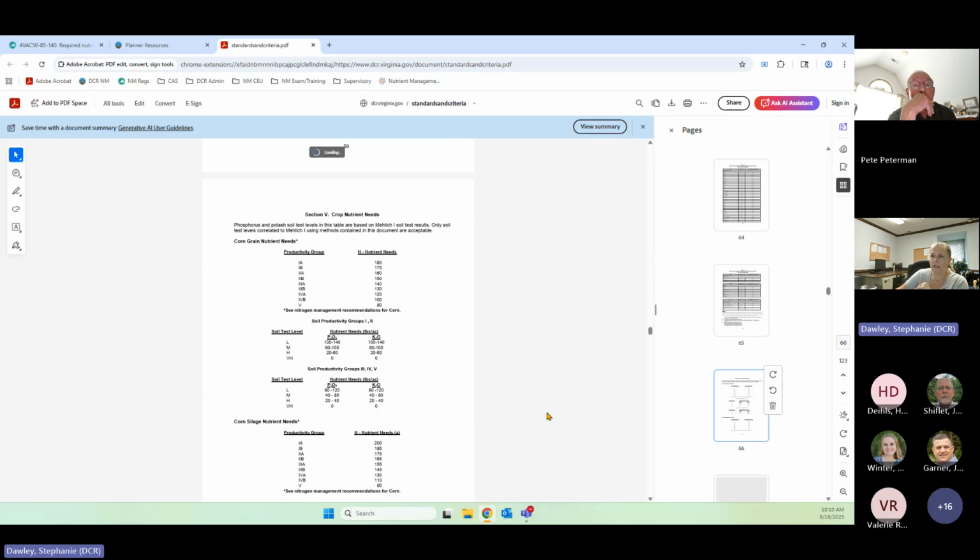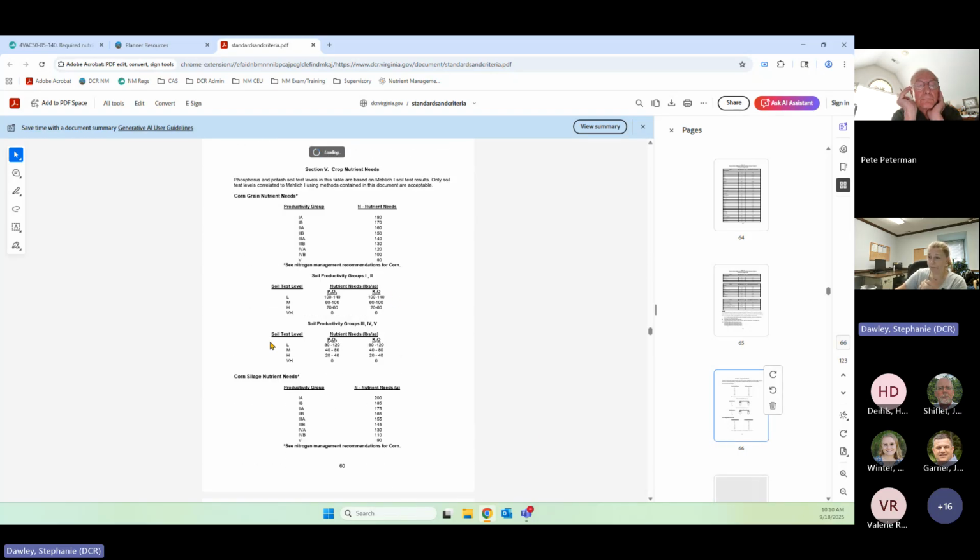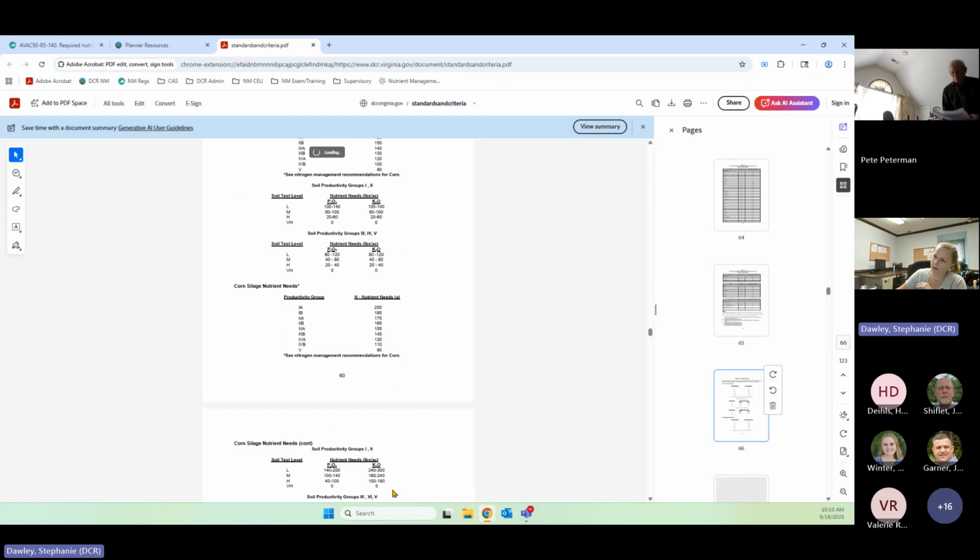And this is the nutrient needs portion of it. It starts with corn. I don't know if anyone's ringing any bells from training or plan writing, but basically this is where you look at the productivity group of that specific soil based on your crop. And then you'll see your nutrient needs being met here for your nitrogen and then your phosphorus and your potash as well. And it'll go through a majority of the crops in Virginia, standard row crops, grasses, pastures, and then we also have our turf and ornamental at the end of this section as well.